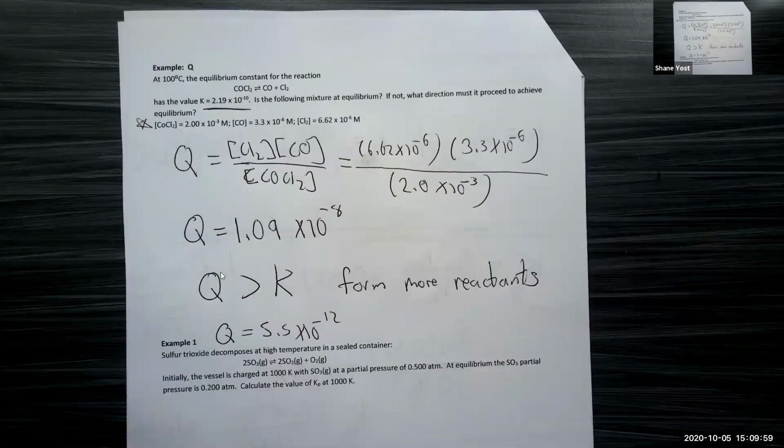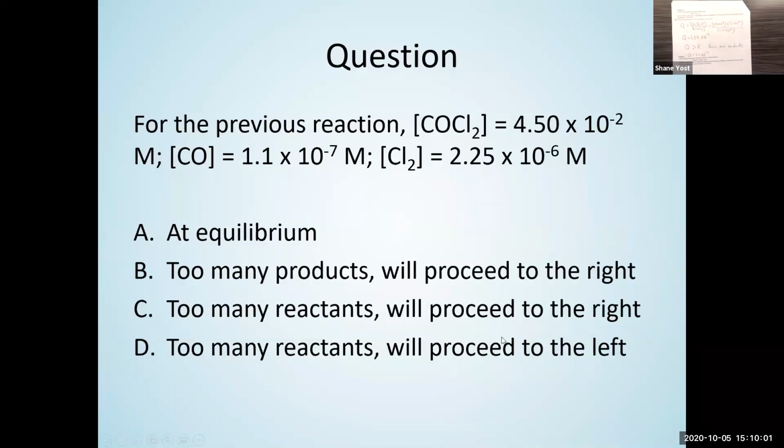And if Q is smaller than K, then I have too many reactants, and so it's going to proceed to the right to form products. Because again, Q and K both are products over reactants, so Q is too small.